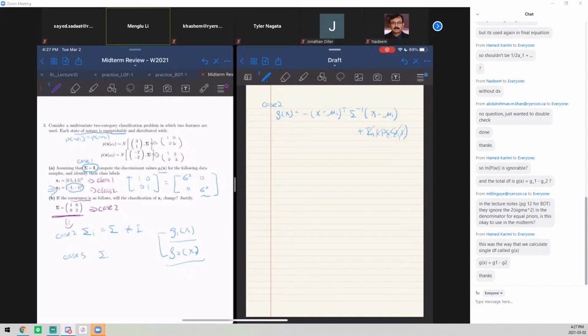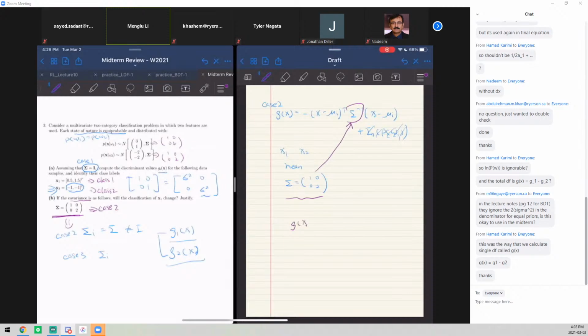And everything stays the same. The value of x1, x2 stays the same. The mean is the same. Only the covariance matrix becomes different. So we need to calculate this part based on the new covariance matrix. We just plug all the numbers back into the equation, and we will get the result. I didn't do the calculation part.